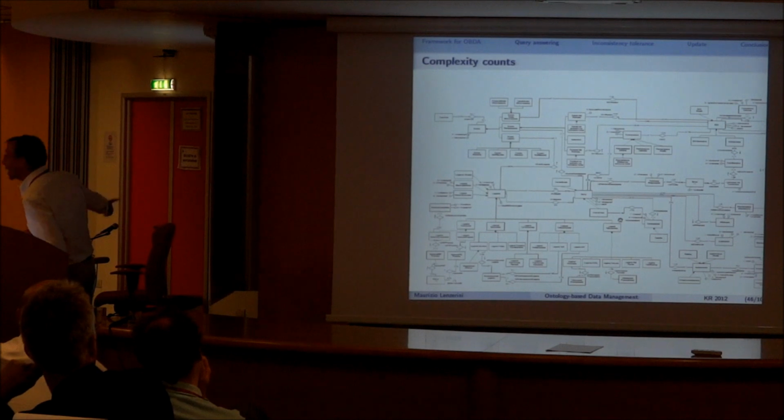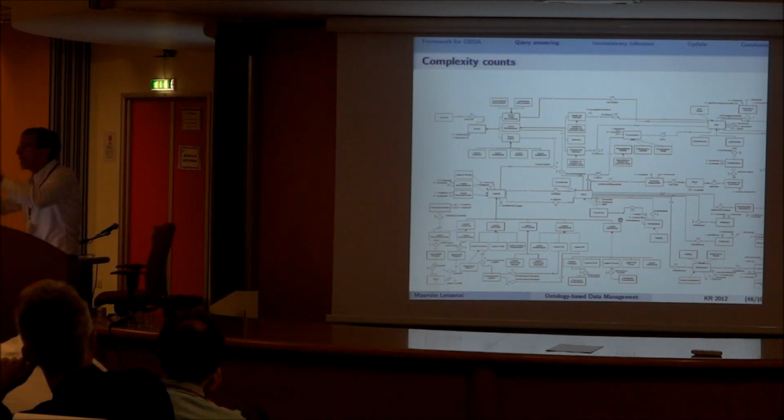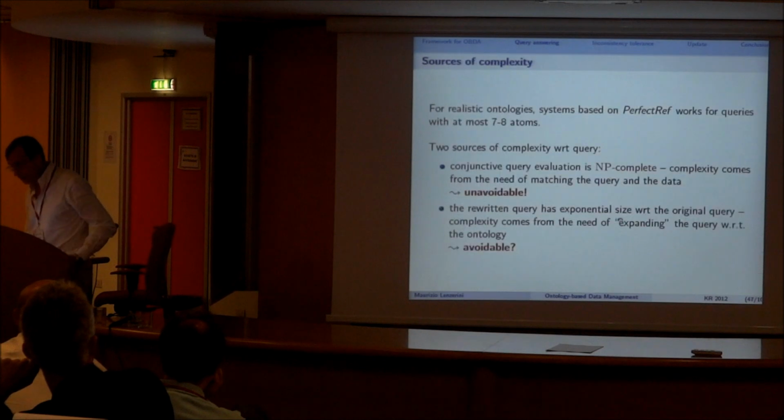This is just 1/5 of an ontology that we produced in the first experimentation. You see there are a lot of ISA relationships there. It's not very visible, but you can imagine they make the problem of computing the rewriting hard.